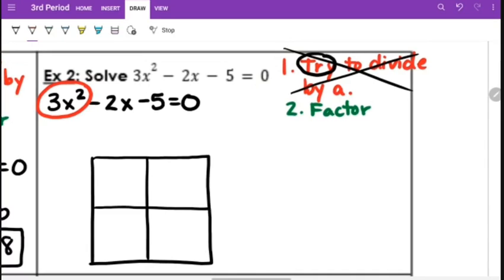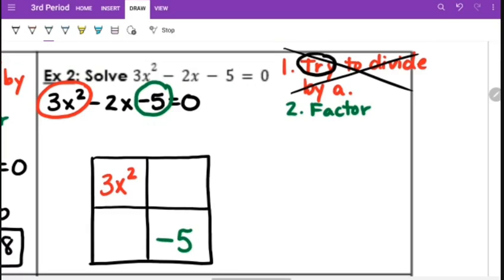So my first term this time is going to be a 3x squared. We can already see how this is different from all of the other examples we've done so far. We've never had anything in that top left corner other than an x squared before, so this is new. The last term, negative 5, goes in the bottom right-hand corner.